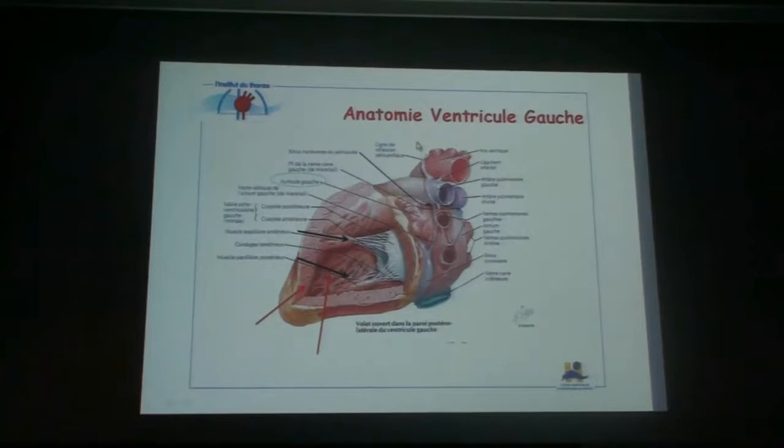Once again, the base of the heart is where you have the atrium, and the apex is where you have the ventricle.